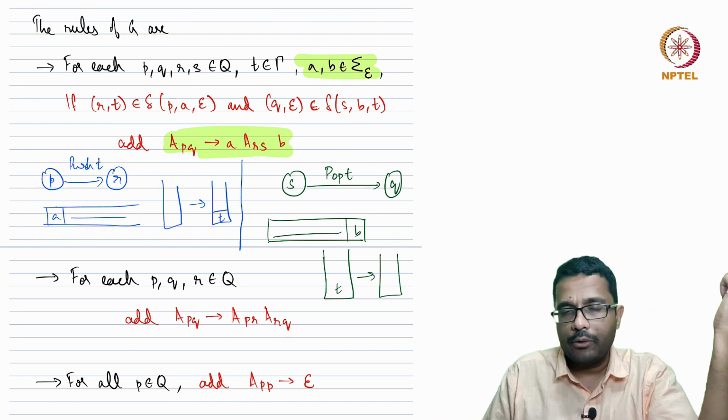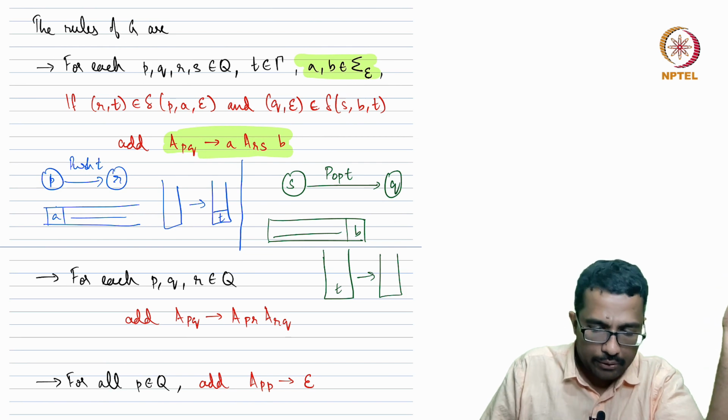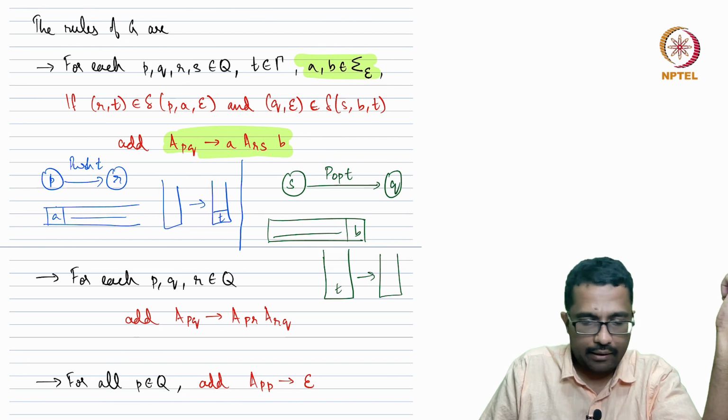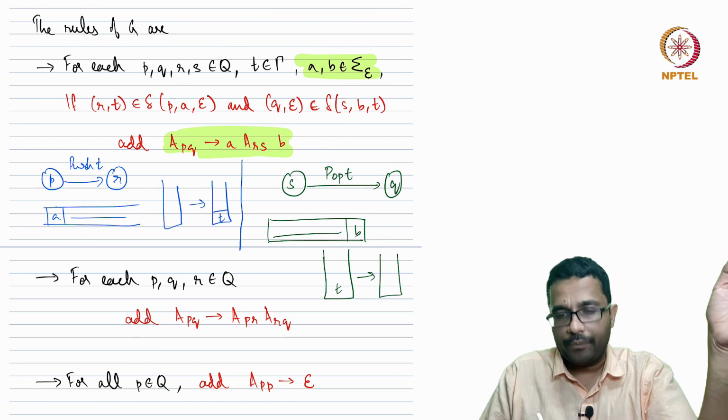Whenever we are able to identify such, we have to see whether these rules are there. If we can say that RT is in delta PAE and so on, then we add this rule.